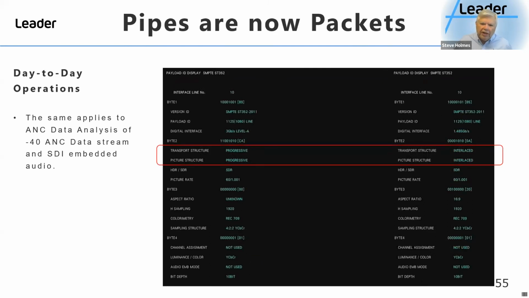We can also look at things like the video. Now we can go to the magic decoder ring and actually look at the VPID, look at byte 1, byte 2, byte 3, byte 4, and see it in English readable text, seeing that my SDI was coming in as progressive, but in the -40 stream coming in it got marked as interlaced, so it did not come in correctly.